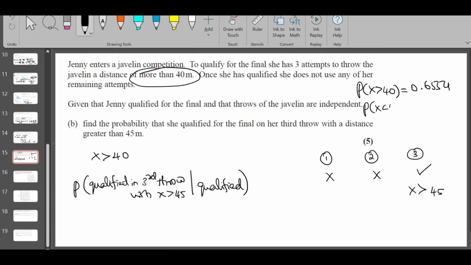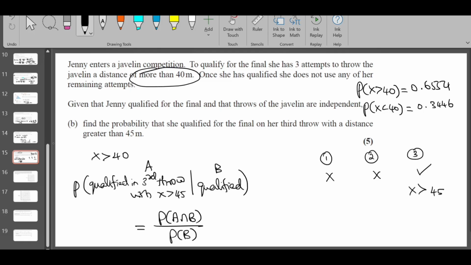P of x is less than 40 is 0.3446. So far so good, right? So we are going to use the conditional probability. Let's take this as A, this as B. The formula is P of A intersection B divided by P of B, correct? So we are going to calculate the numerator and denominator separately.